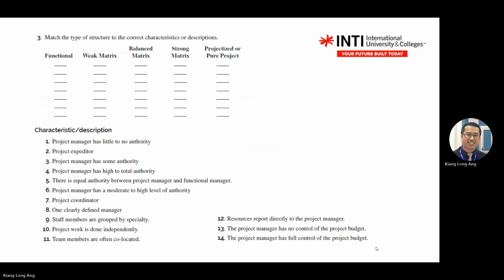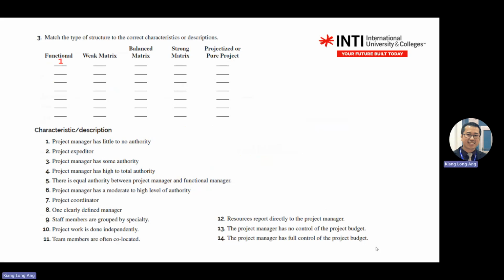You read, then you explain to me what it is. What do you understand about the word? Okay. It means they are coordinators, right? So project coordinator. Which one?